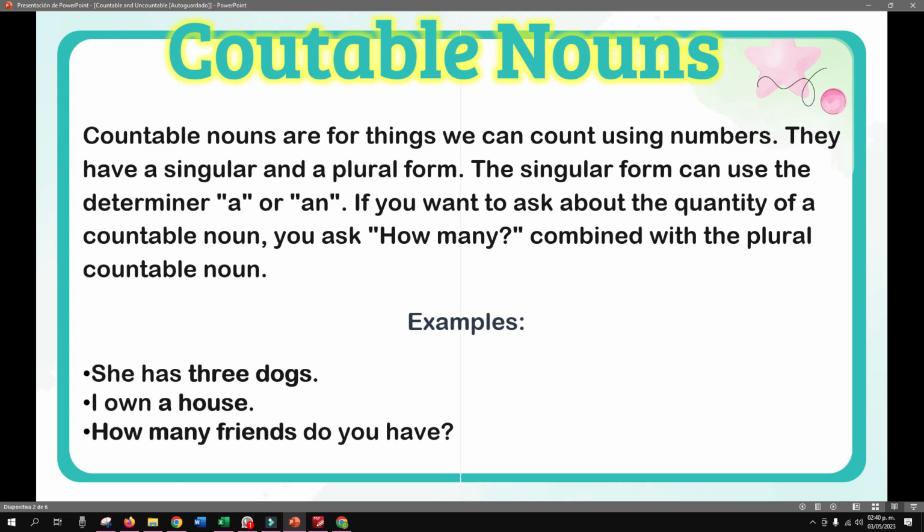Then you're going to have the auxiliary verb do, right? Because this is simple present. Then you're going to have the subject and the verb in the base form, right? And don't forget the question mark. So those are the countable nouns.